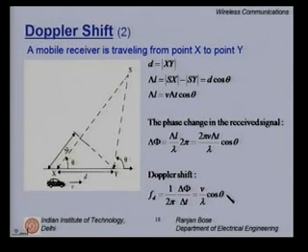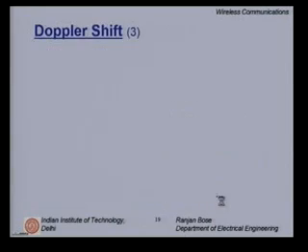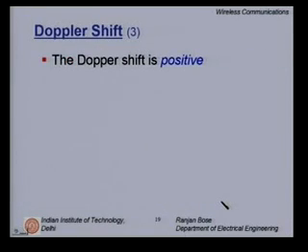Okay. Let us do an example. So let's see, as this mobile moves, at any time the Doppler shift Fd is given by v over lambda cos theta. Let's note that the Doppler shift can either be positive or negative.